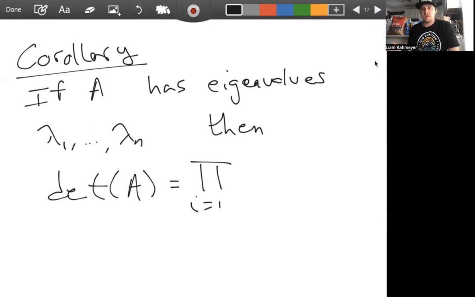And this makes sense because, again, this is real symmetric here. If A is symmetric, that implies it's diagonalizable, which implies A is similar to a diagonal matrix, which means they have the same eigenvalues. And so the determinant of A is just the product of the entries along the diagonal, which we know are the eigenvalues. So this is a product of lambda i, right?